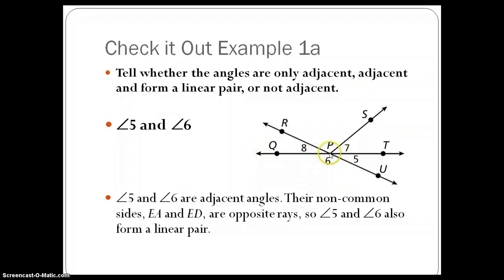And we see that PQ and PT are opposite rays. These share a wall, so they are adjacent angles. But their non-common side makes a line, so they're actually on the same street. They are also a linear pair.